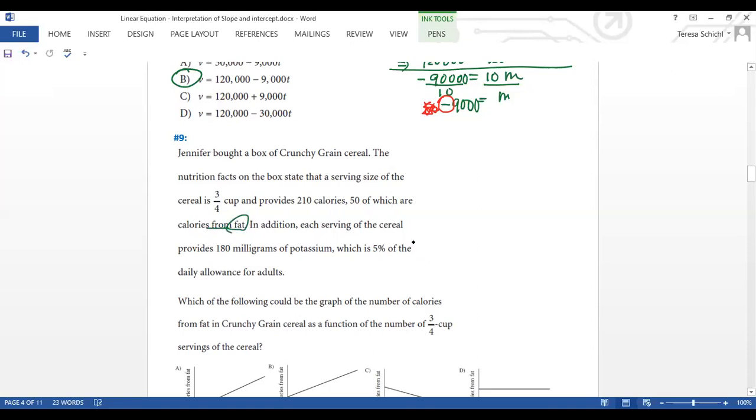In addition, each serving of the cereal provides 180 milligrams of potassium, which is 5% of the daily allowance of an adult. A lot of information.